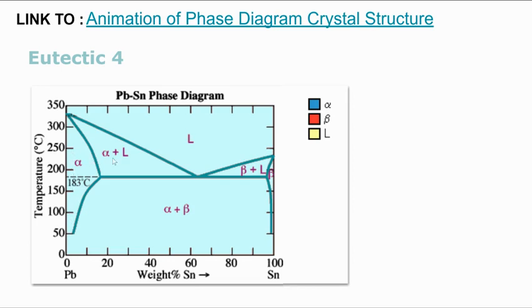Your estimate should fall between those because we should be looking for 100% tin over here on the right boundary, going up to the liquidus line where something melts. And if we go over here to our y-axis, we should see that occurs somewhere above 200 but less than 250, probably around 230 degrees Celsius or so. Okay.